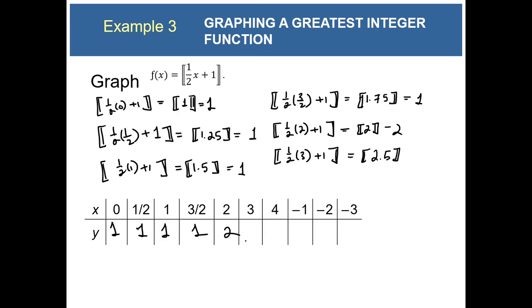So this yields 2 when we plug into the greatest integer function. If I plug in a 4, 1/2 times 4 plus 1 gives us 1/2 times 4, which is 2. 2 plus 1 gives us 3. So this changes to 3.